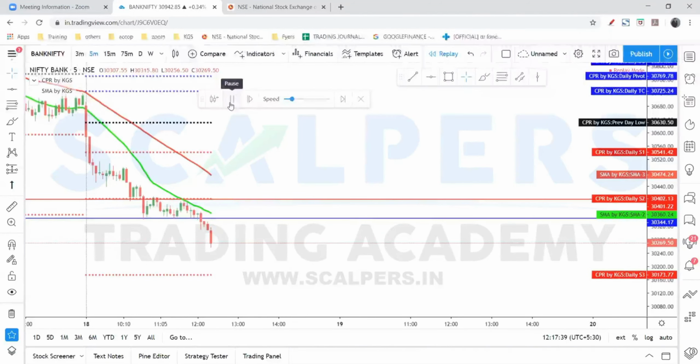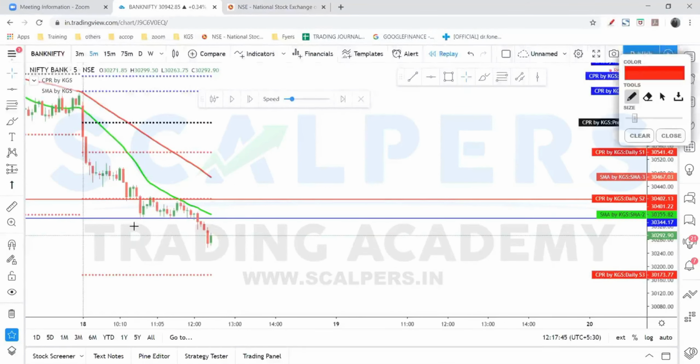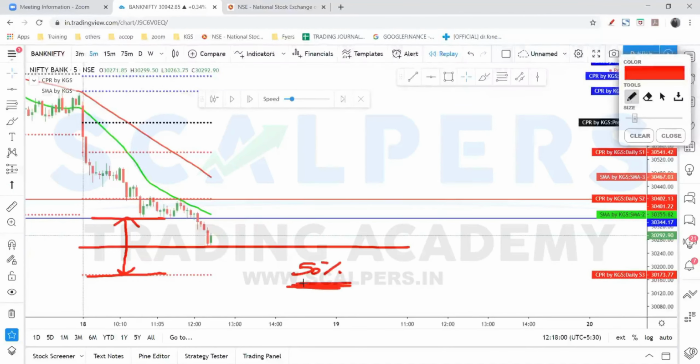See, the candle is going down very smoothly, almost the 50 percentage. Now in this case where will you keep your target? This day low and S3 50 percentage will be the target. Always consider the 50 percentage, don't forget this, because this 50 percentage target will be easily achieved.